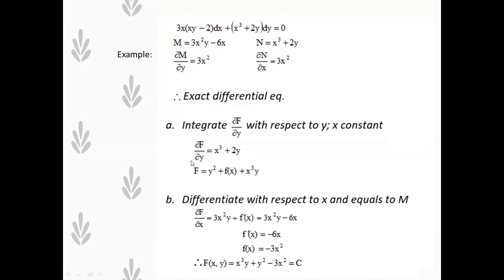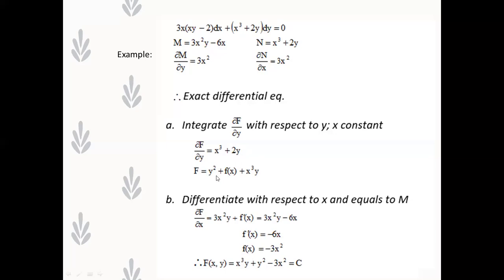Now you will integrate this expression with respect to y. When integrated with respect to y, this will be x cubed y. So I wrote it here. When you integrate this with respect to y, this would be 2y squared over 2, and that would be y squared.